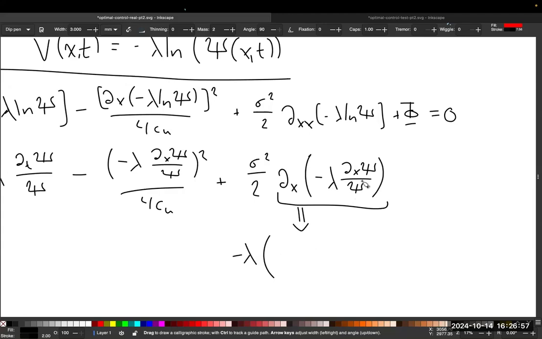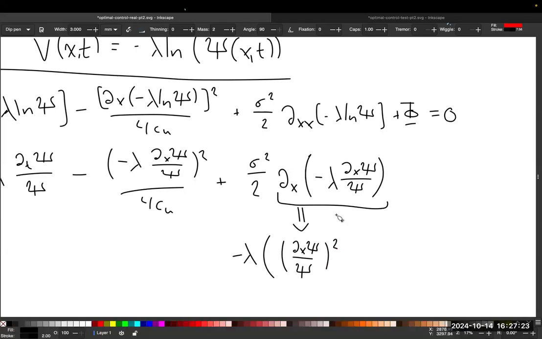So here we're going to get psi squared, and a negative on the outside, and then another partial with respect to x on top. So the whole thing is going to be partial x psi squared over psi squared.